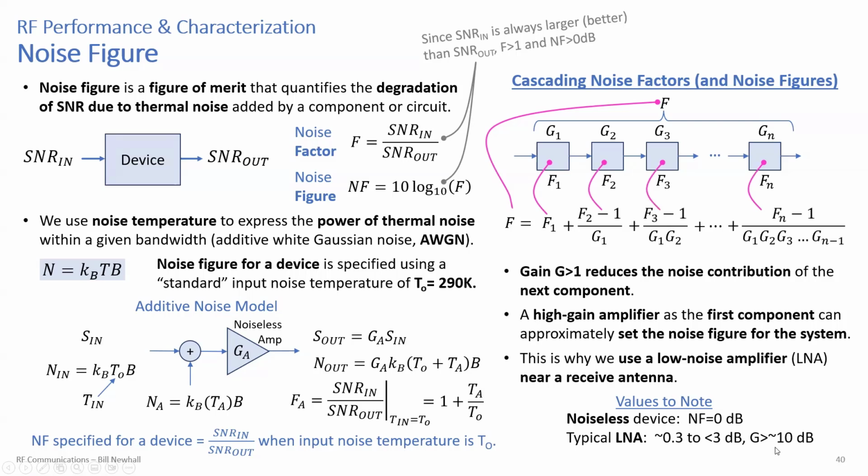And they usually have a gain of around 10, maybe 8 to 15 dB, sometimes a little higher. An attenuator's noise figure is equal to the loss. So if you have a 6 dB attenuator, it's reducing the signal by 6 dB, then the noise figure will be 6 dB.